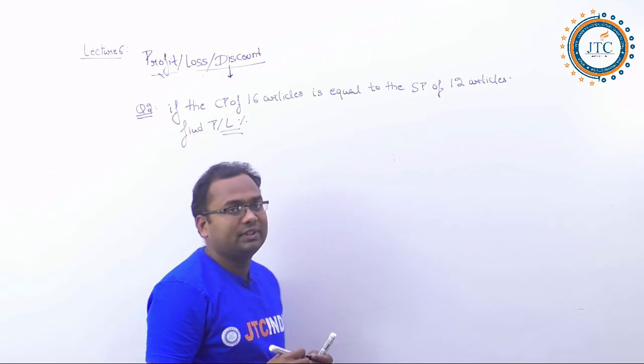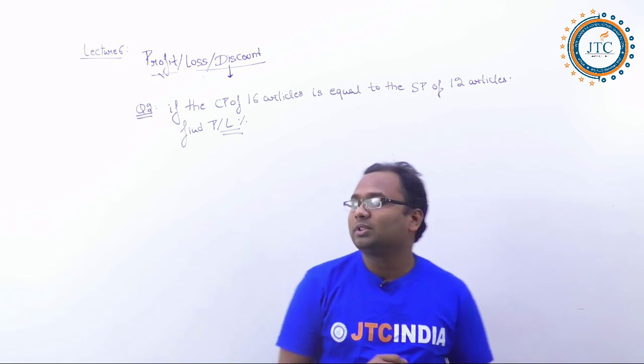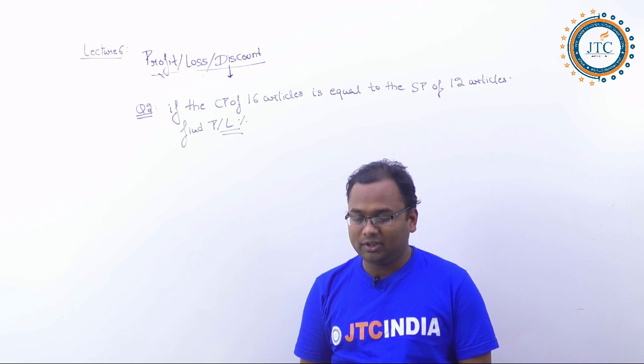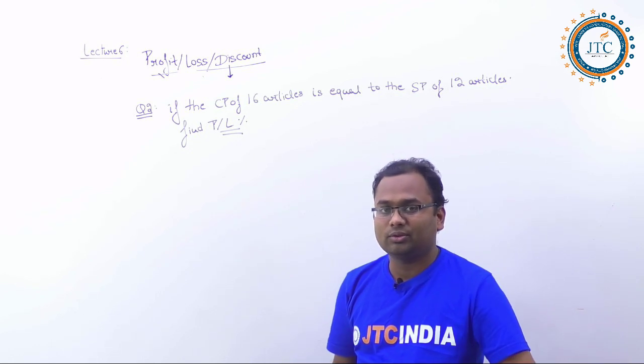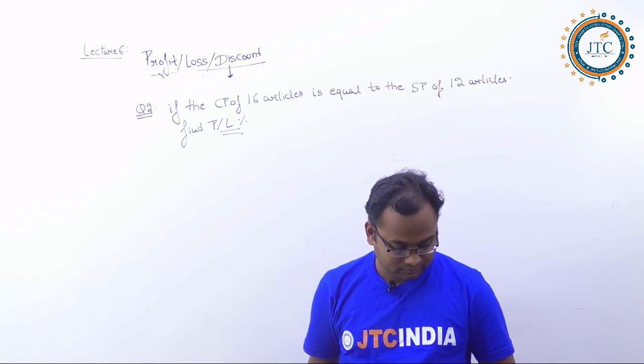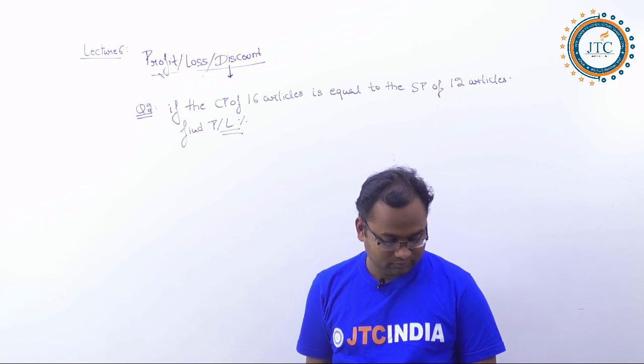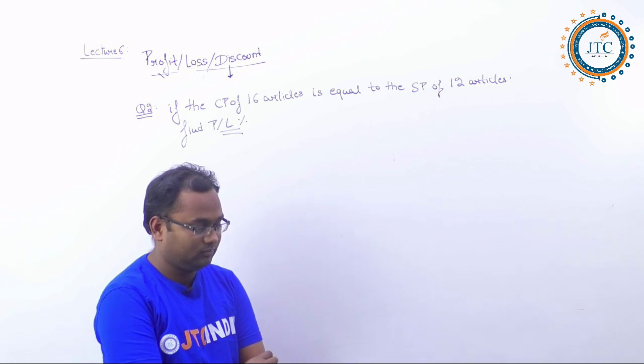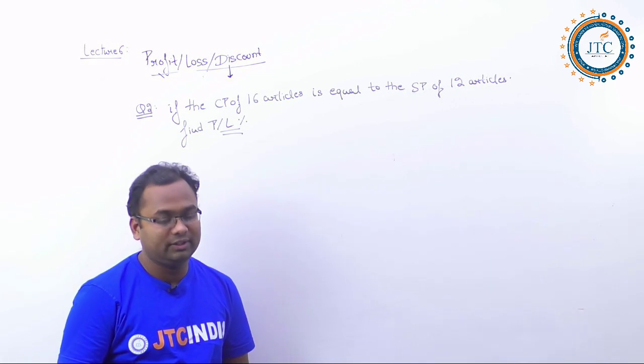If the cost price of 16 articles is equal to the selling price of 12 articles, then find profit or loss percent. What is the answer of this question? How can we solve this question?